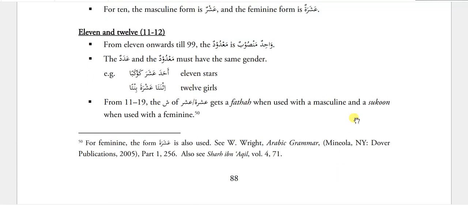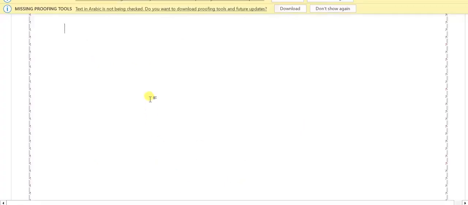Now, for 11 and 12, the rule is actually very simple. For example, if we want to say 11 men, we can say ahada ashara rajulan.